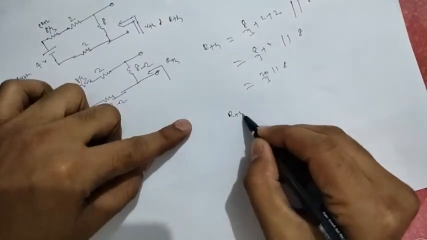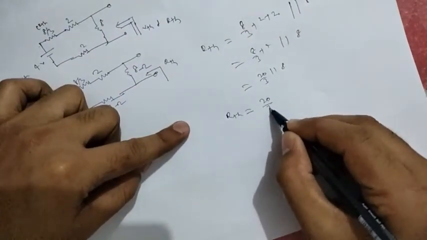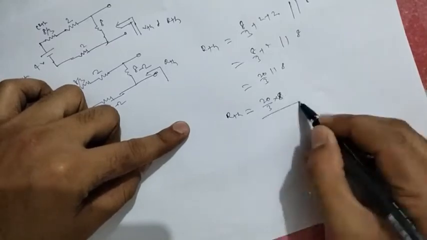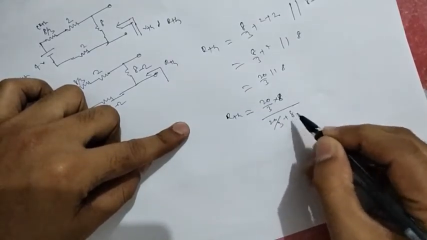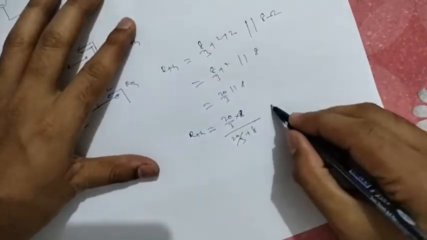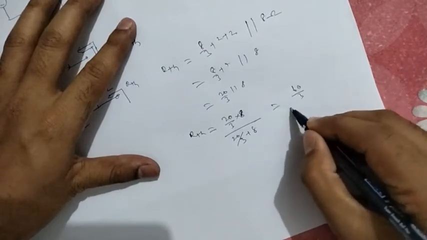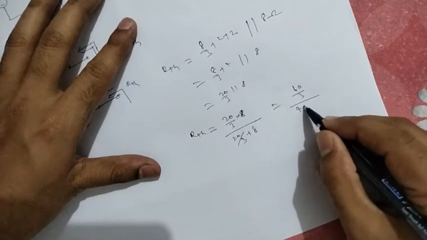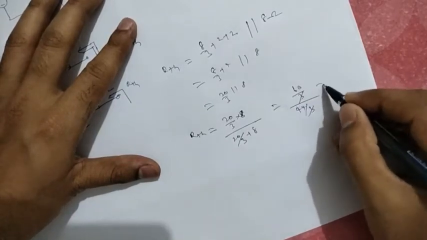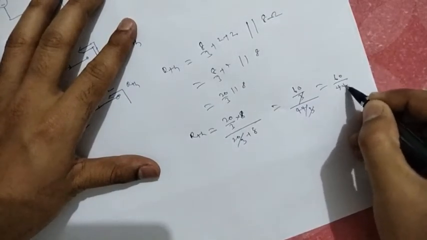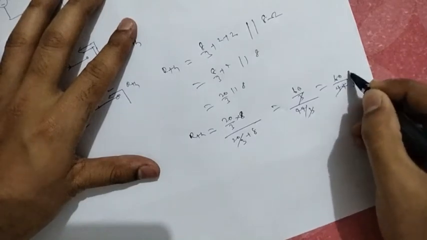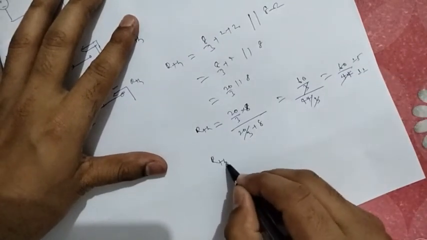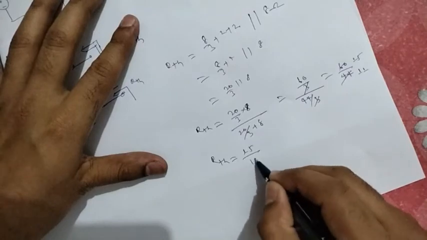So RThevenin is 20 by 3 into 8 by 20 by 3 plus 8. Now it is 160 by 3 over 44 by 3. If we cancel it out, RThevenin we got is around 40 by 11.